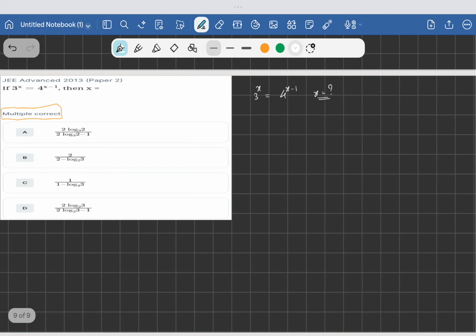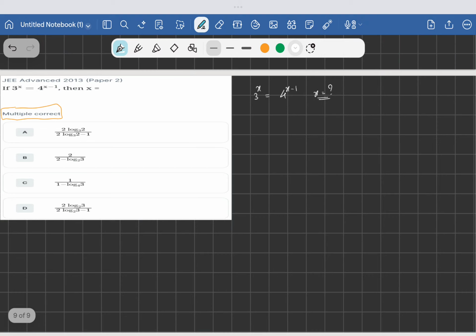When these kinds of questions arrive in front of you, what is the first thing that should come to your mind? Firstly, if you can somehow make the bases the same, you can apply the properties of exponents. But in this question you can't, there is no chance of making the base the same.